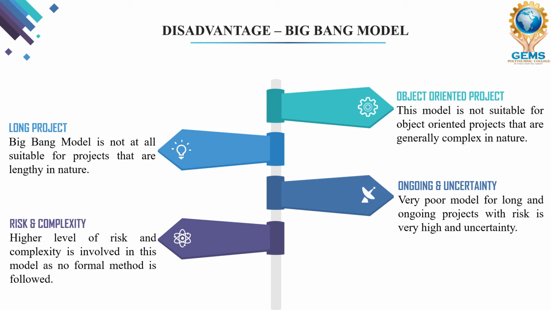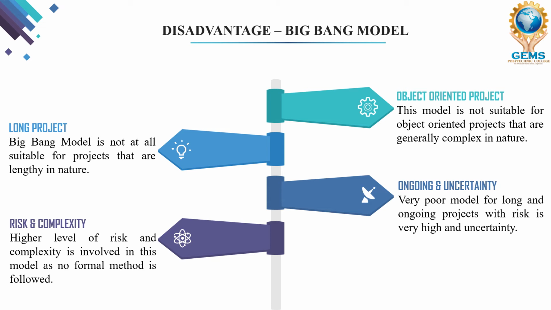So it is a very poor model for long and ongoing projects, where risk is very high and uncertainty is there. So the Big Bang model is not suitable for ongoing projects and long projects. So this is the other disadvantage of the Big Bang model. So dear students, these are the four basic disadvantages of the Big Bang model I have given here.